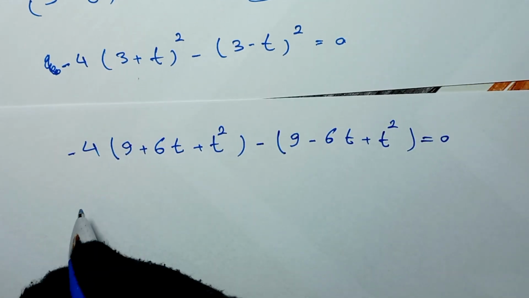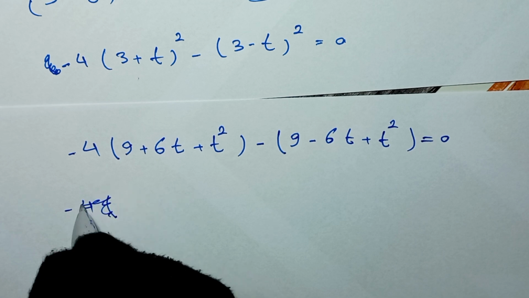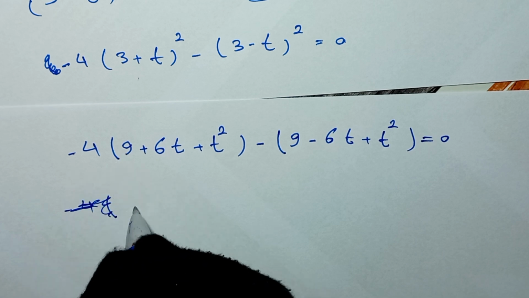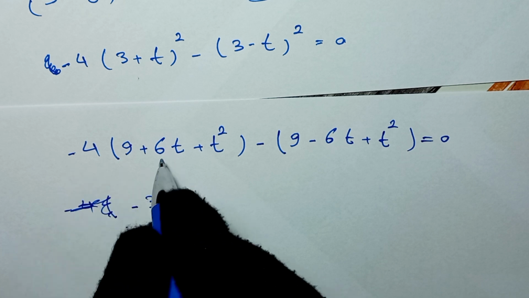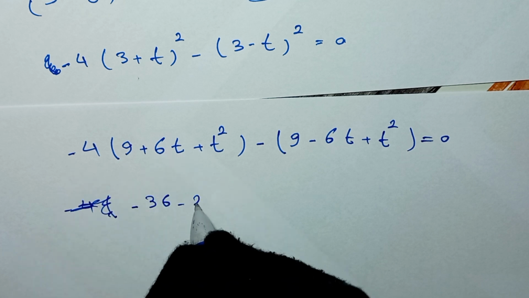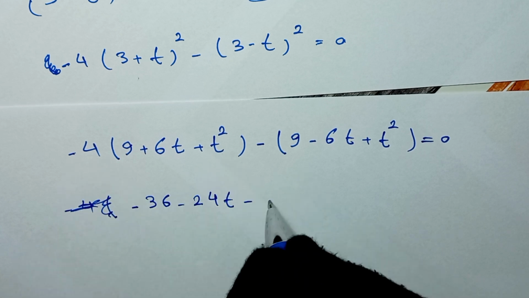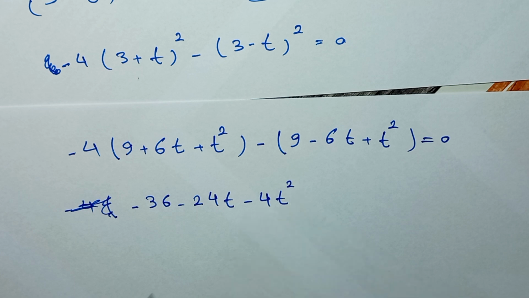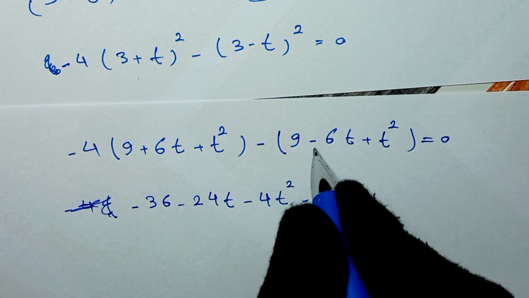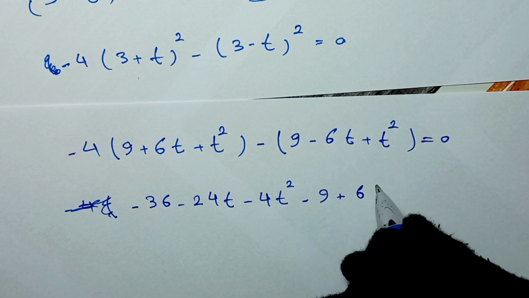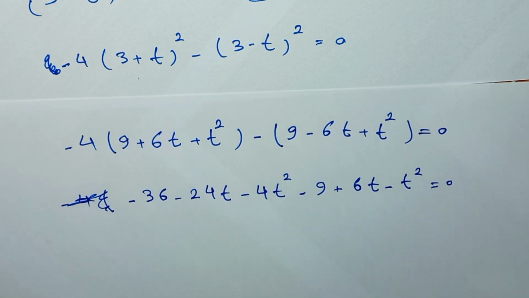And from here, it will be negative 4 times 9, it will be negative 36, and negative 4 times 6t, it will be negative 24t, and minus 4t square, right? And in here we have negative 9 and plus negative times negative will be positive 6t, and negative t square is equal to 0.